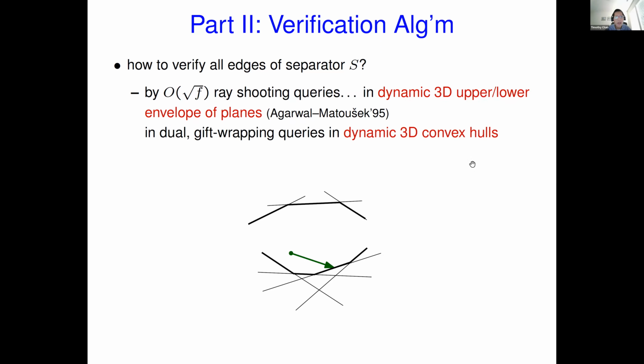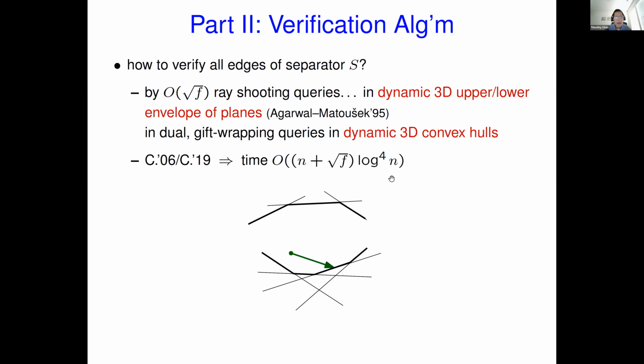If you use the latest results on dynamic 3D convex hulls, then you get polylog time per query and update. Since there are root-f edges you're verifying, so root-f operations, the runtime is about root-f times polylog. So verifying edges of the separator can be done by old ideas.